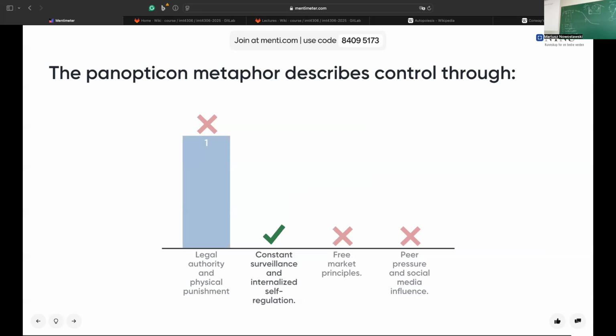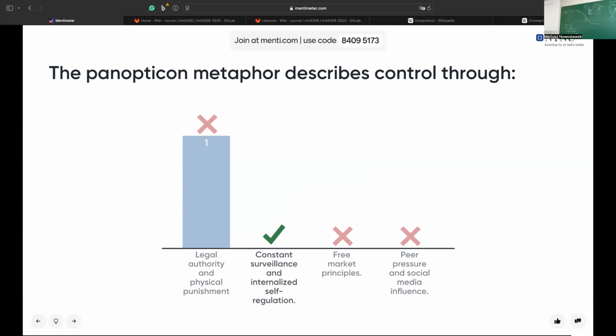You have the guards. So the guards' quarters are in the middle with windows. And then the cells are all around, right? So here the prisoners are in the cells and they are observed by the guards.